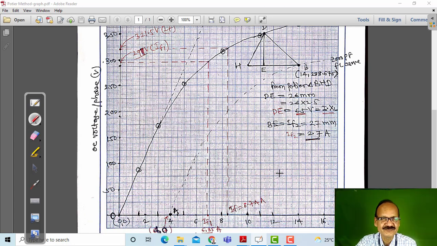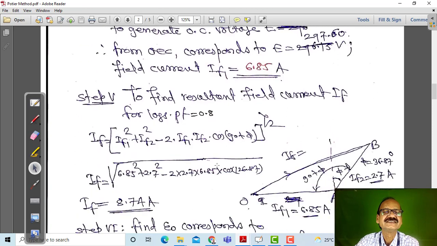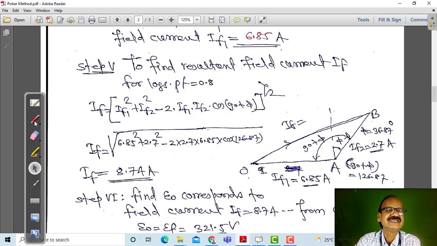The next step is to find the resultant of these field currents IF1 and IF2. See the step 4, to find the resultant field current IF for lagging power factor 0.8, the cos phi is 0.8 and therefore phi equals 36.87. So draw the phasor diagram as shown. See here, OA is IF1 drawn horizontal as a reference.